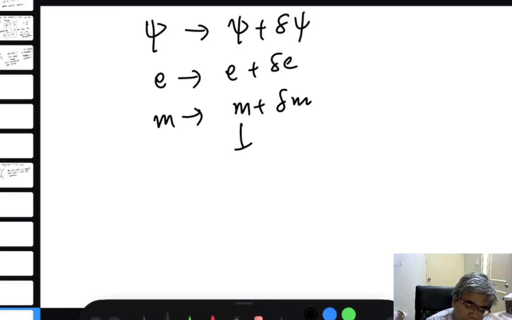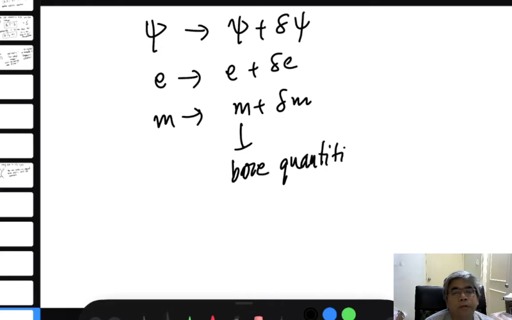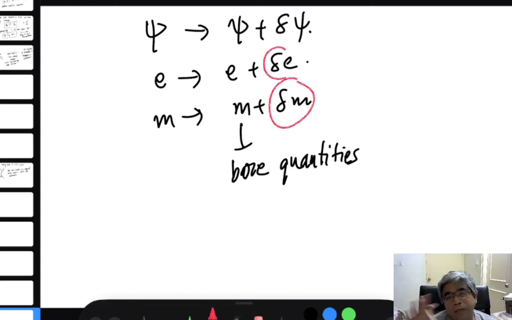These are called bare quantities: M, electric charge, and all that. These are your infinities, for example the deltas. These are all the infinities which are isolated in these diagrams. So you isolate the infinities and the finite parts are added to this correction. The red parts are your infinities.